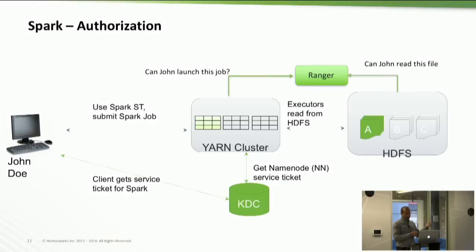That's step one. Step two is, does the user have the ability to launch these executors? All that check happens within Yarn, and let's say that job is reading from HDFS. Then the third access control is, does the user have access to read that data from HDFS?